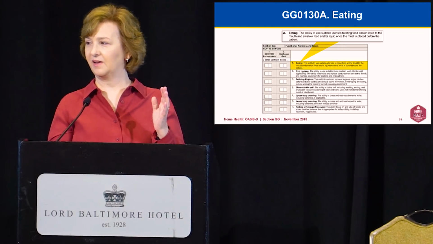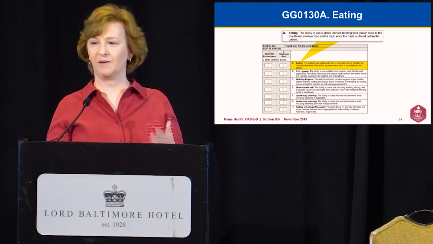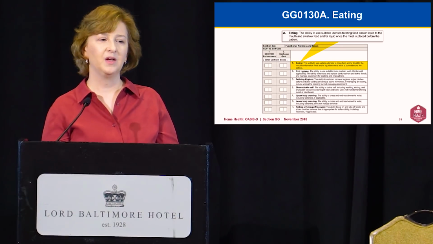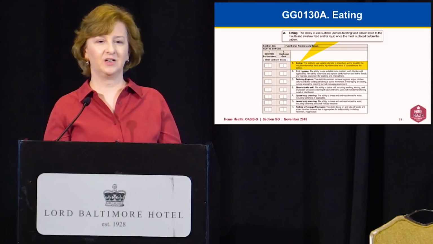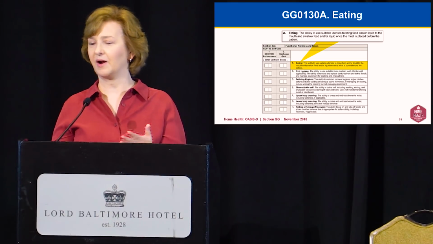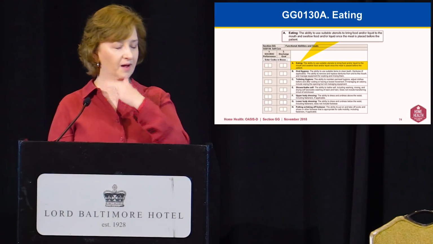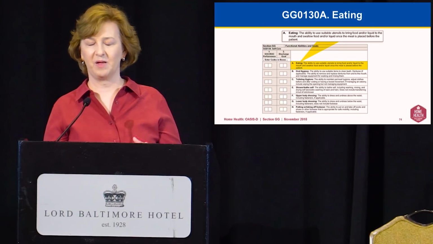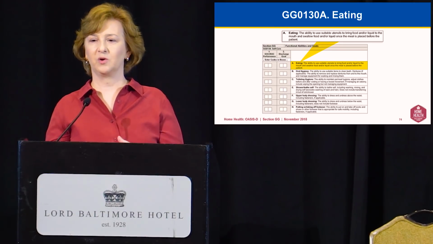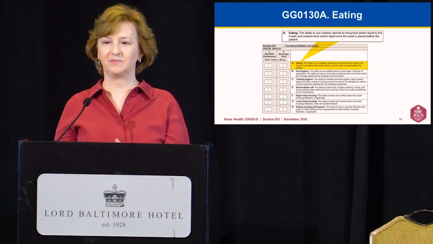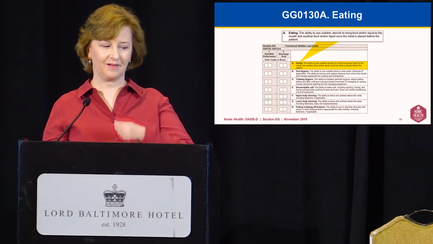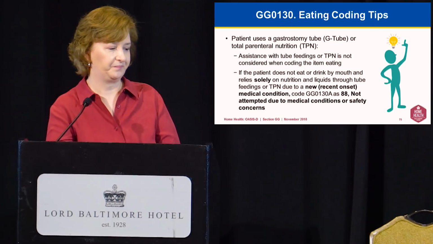So if somebody does not eat by mouth, perhaps somebody has a swallowing problem, you would indicate that the activity did not occur, and perhaps it's a medical condition, a swallowing problem, perhaps after a stroke, and so you would code 88, activity not attempted in that instance. So again, it is about eating by mouth.